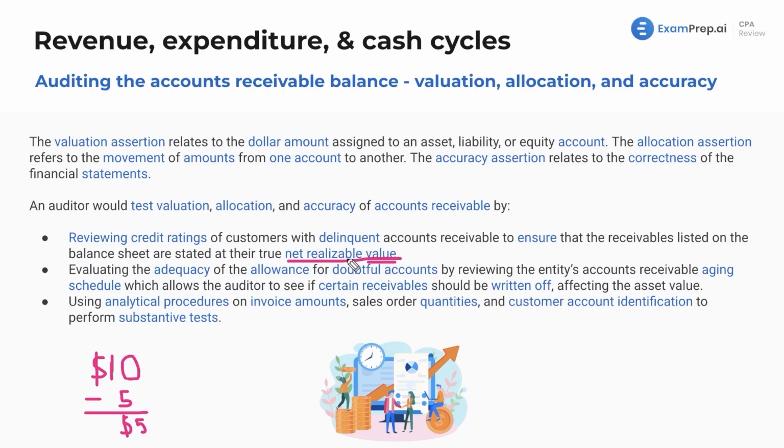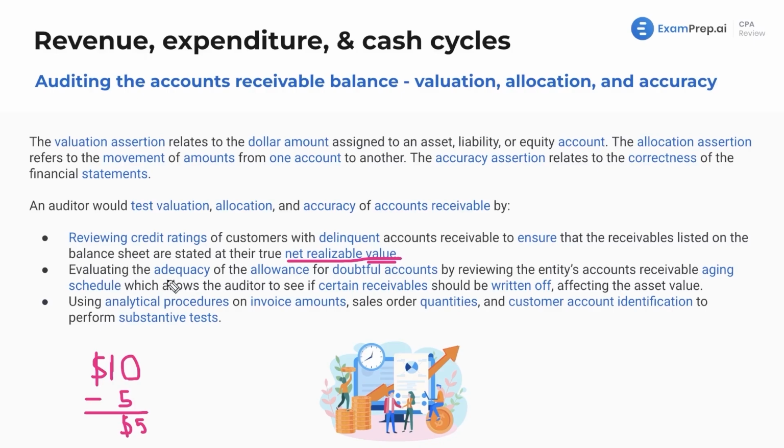Generally in FAR or in BEC, you'll see this as the selling price minus the cost to sell. Well, the net realizable value for AR is the amount you should receive minus what you won't receive. So again, look at the credit ratings of customers with delinquent accounts, those who are seemingly not paying you, to make sure the proper write-downs have actually happened.